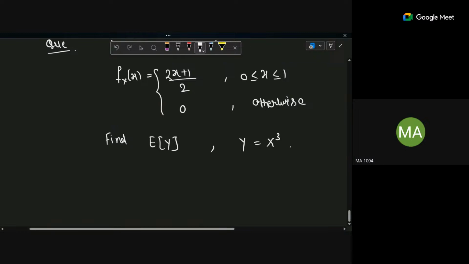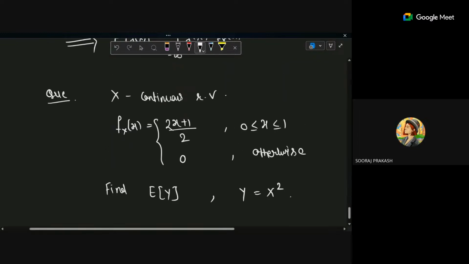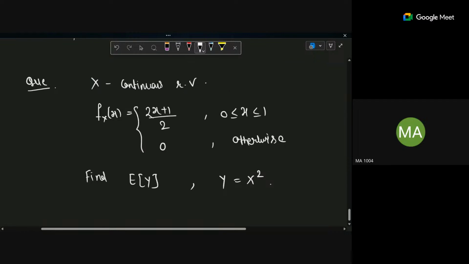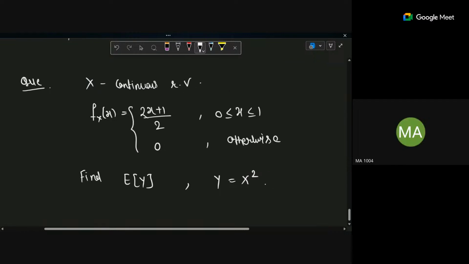Can anyone solve this? If you have a continuous random variable whose PDF is given to you, and another random variable which is a function of x, then can you find the expectation of y? Ma'am, 7 upon 12.